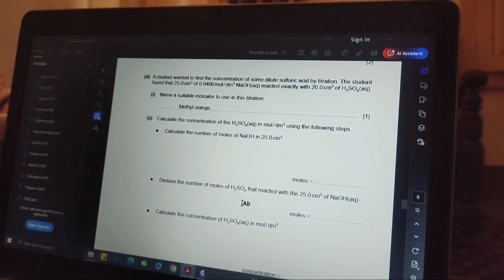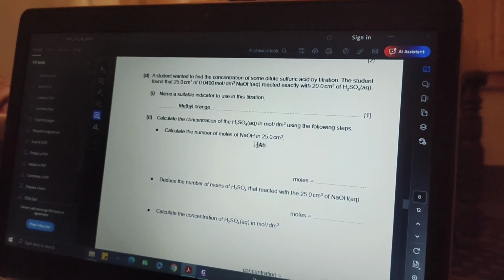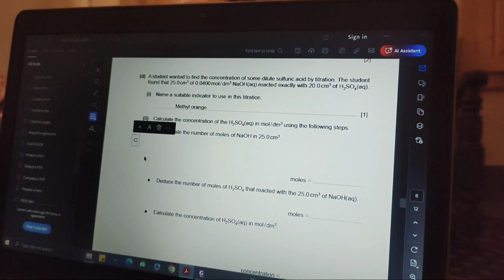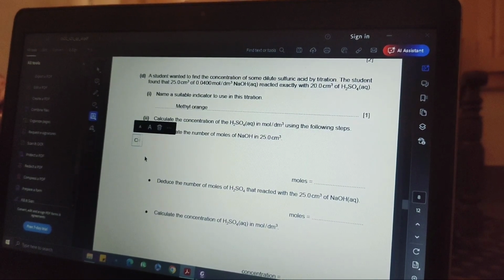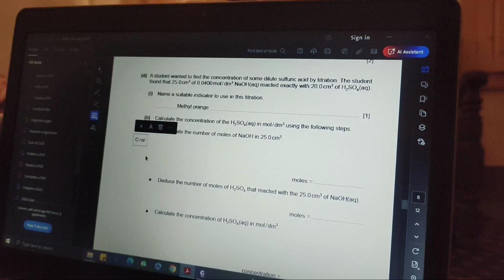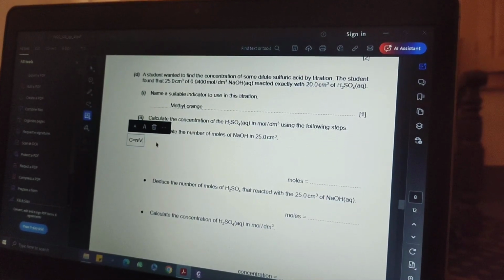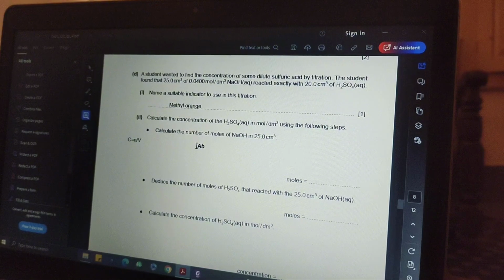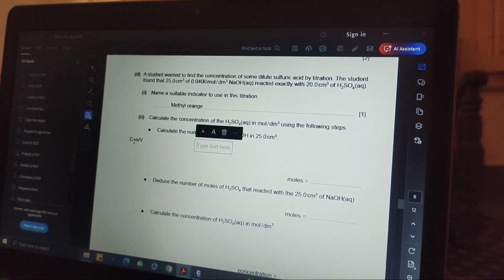So we are provided with the volume here, not the masses. So we'll be using the formula concentration equals number of moles divided by given volume in decimeter cubes. So here we need to find the number of moles. So what we'll be doing is switching the position here.